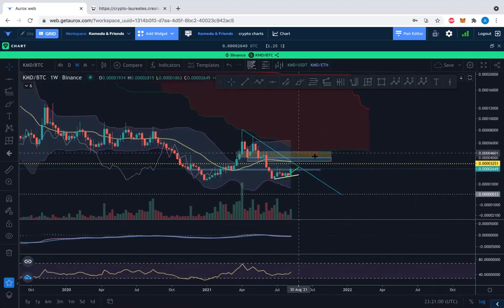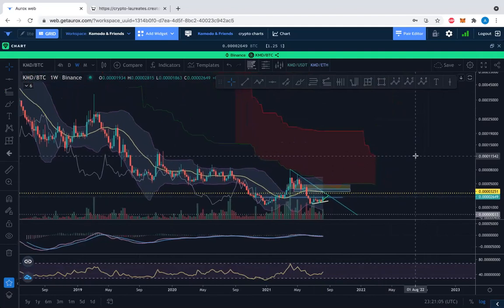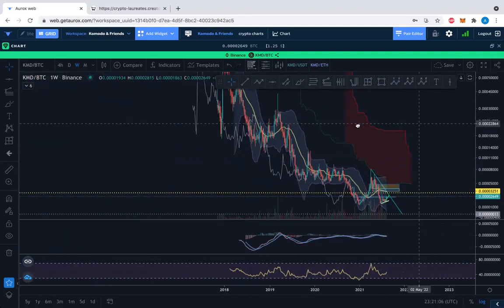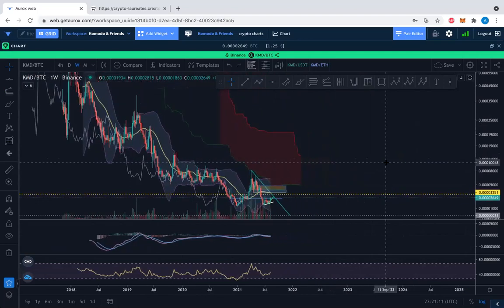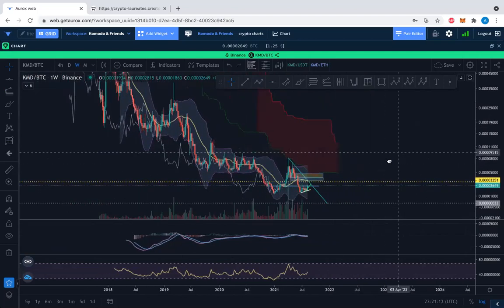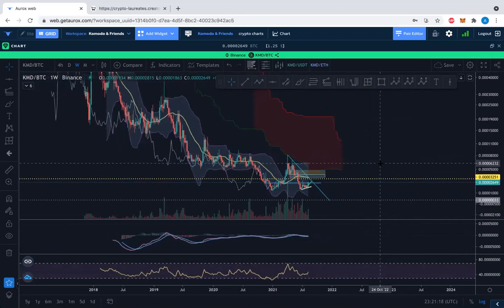If that's where we're going, that's where we're going. This is the KMD BTC chart, so it'll also depend on what the BTC price is. That'll determine what the KMD price is in USD, USDT, and that will determine what the BTC price is, because it's going to correlate properly.